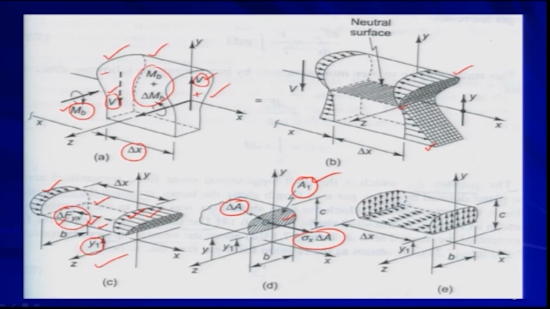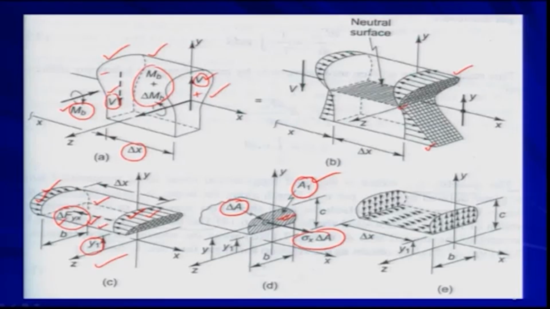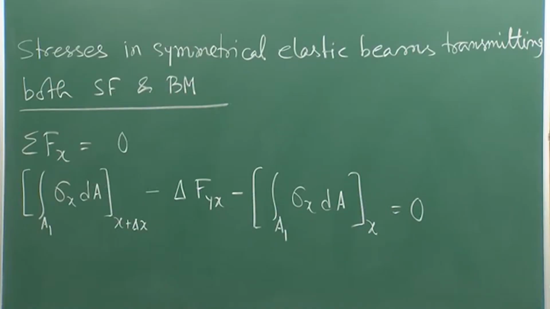Now, similarly, the last term is the integration over the same area, because this area will remain the same, of sigma x dA on this plane, that is at x distance apart, and delta f y x.